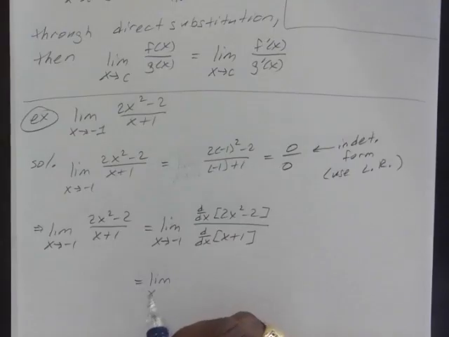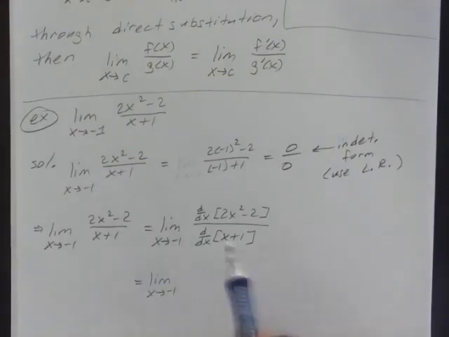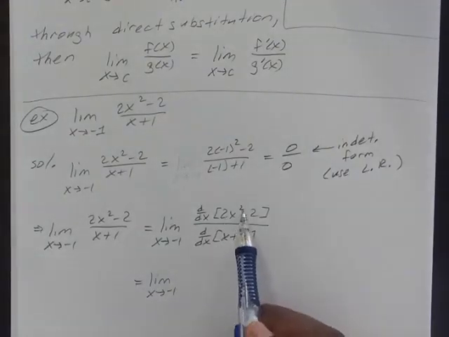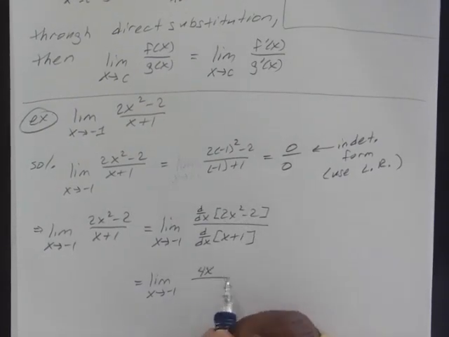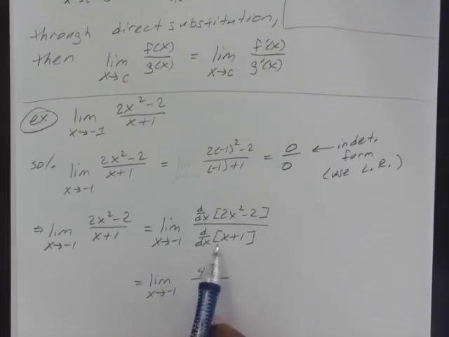So we have the limit as x approaches -1. The derivative of 2x squared minus 2 is just 4x, divided by the derivative of x plus 1. The derivative of x is 1. The derivative of 1 is 0, so it's just 1.